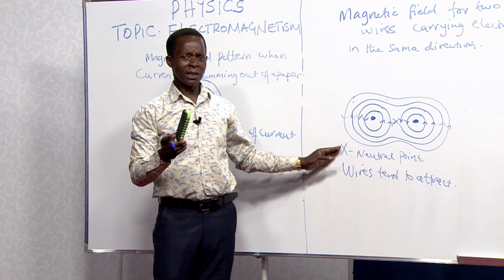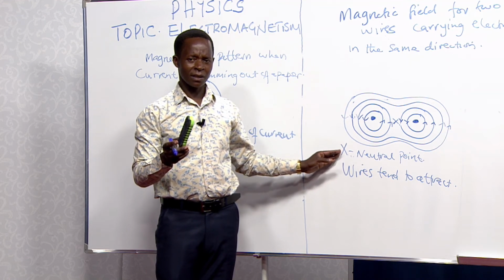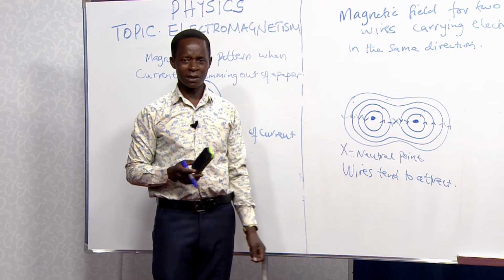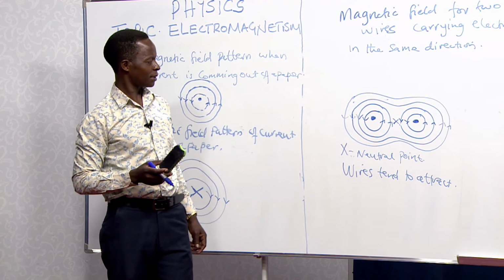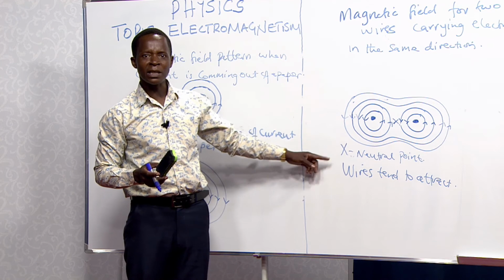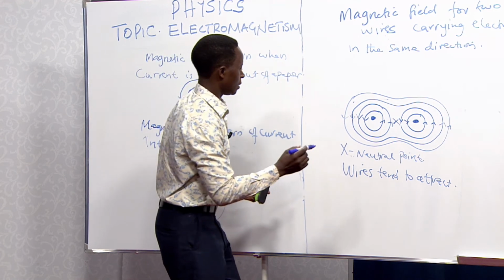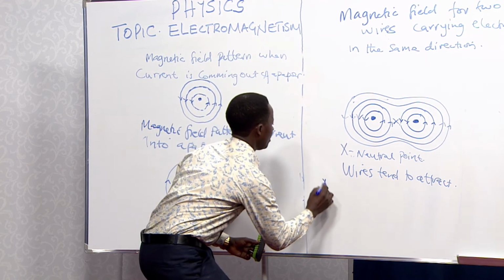Definition of a neutral point. Some people have forgotten it. We can still remember it. That it is a point in a magnetic field.